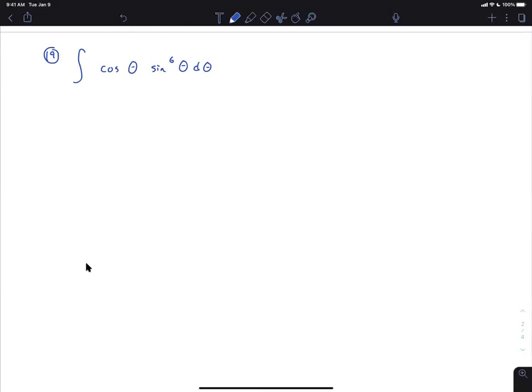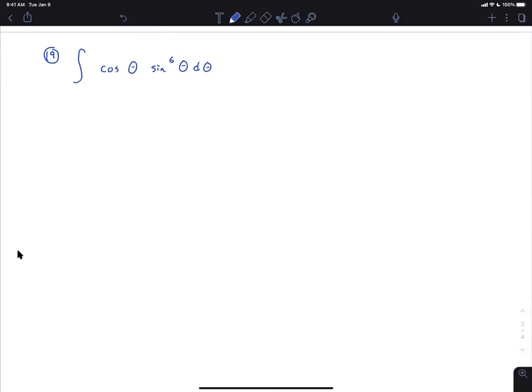Okay, cool. So this is an integral that involves powers of sine and cosine, obviously, just from looking at it. And the idea then is that you'd like to use U-substitution. And for sine and cosine, there's a quick rule that works: if one of the powers is odd, you want to let u equal the other one.